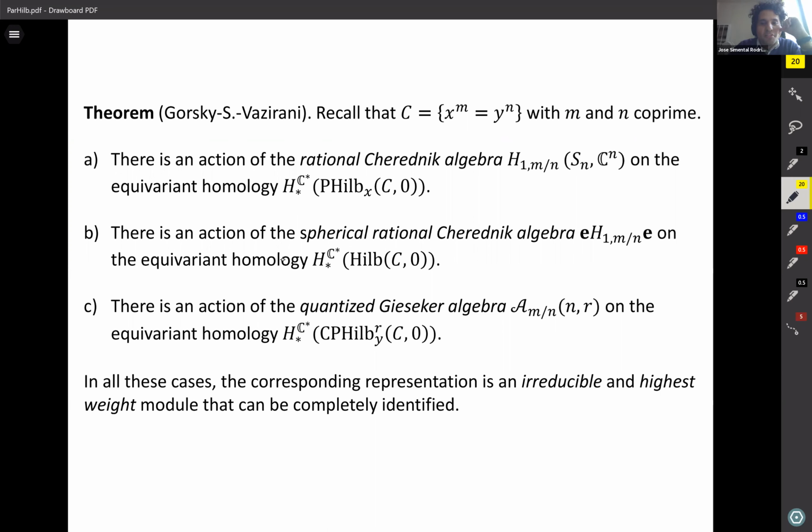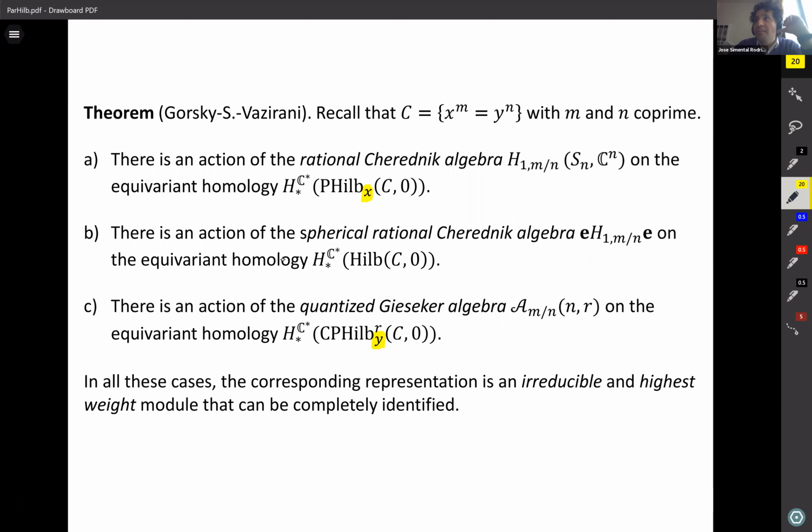I have an action of the spherical rational Cherednik algebra on the equivariant homology of the Hilbert scheme, not parabolic here. And there is an action of the quantized Gieseker algebra that I will define, and I will also define these algebras on the equivariant homology of the compositional parabolic Hilbert scheme. And let me point out that here I am normalizing in the y direction. So these two are different, and that's not a typo.